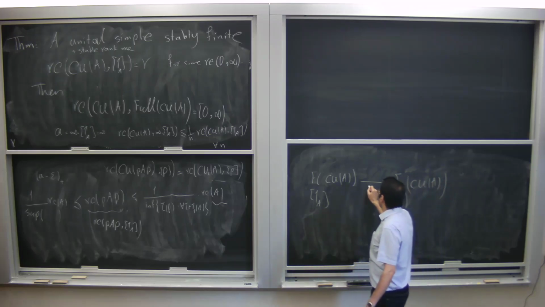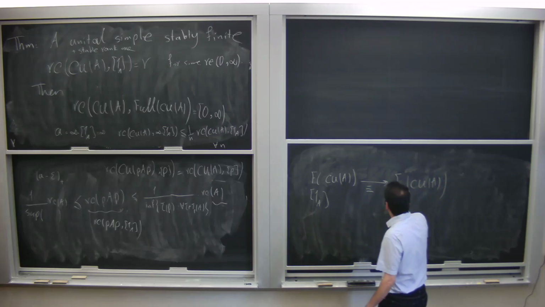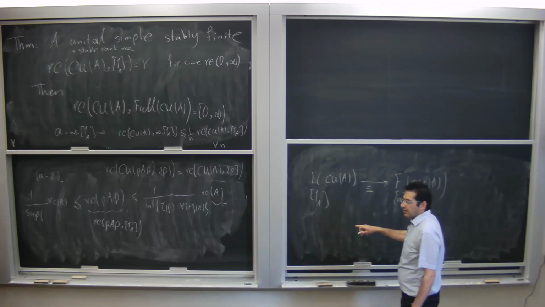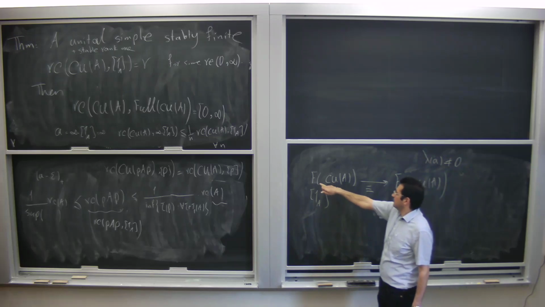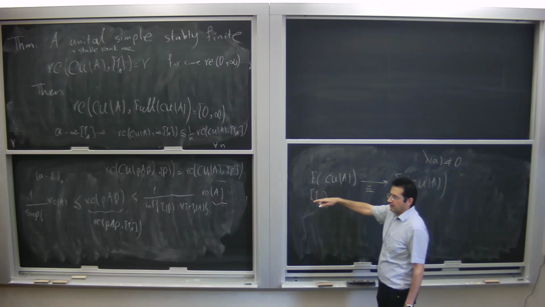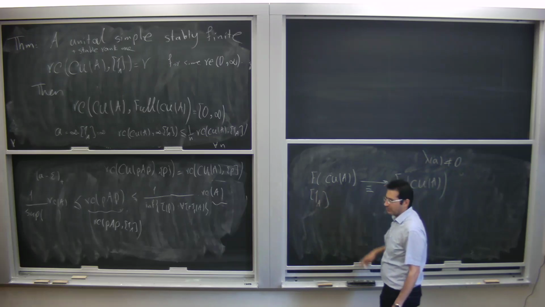So there is a bijection here. Because this is a full element, lambda of A cannot be 0 if you are among the normalized ones. So if you just normalize your trace by dividing by lambda of identity, you are done, right?